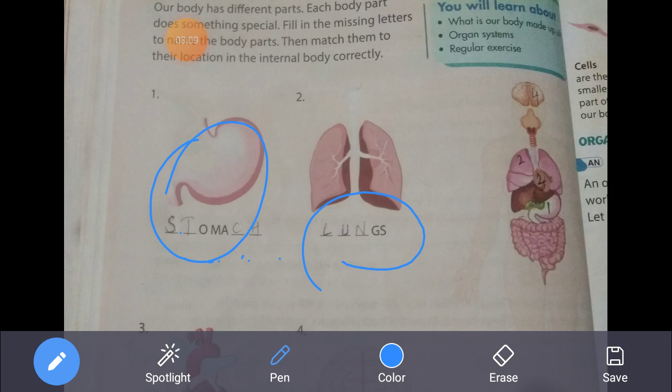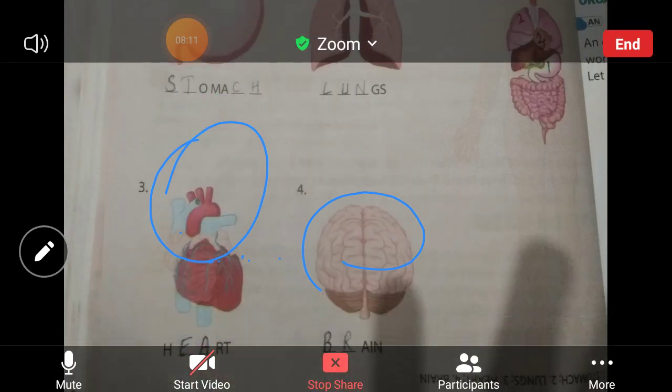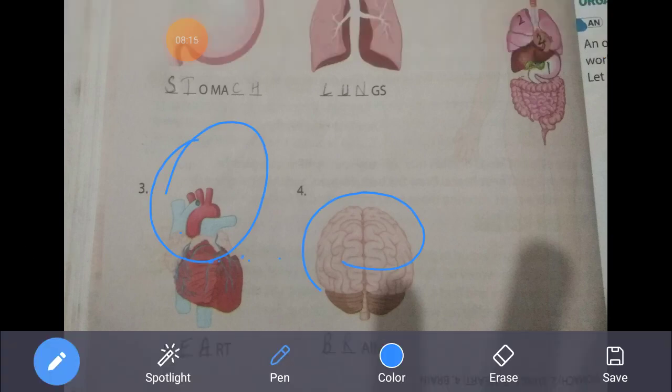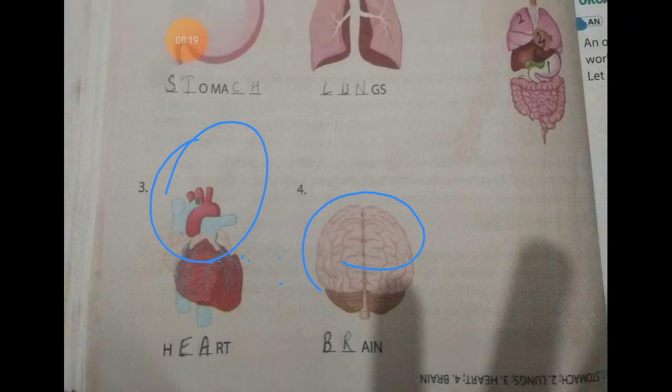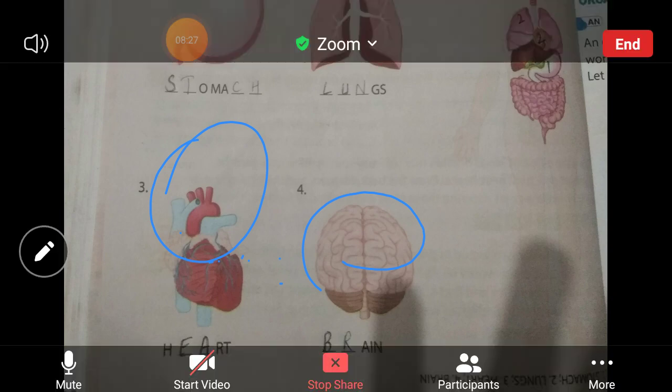L-U-N-G-S, lungs. Then number 3 is heart. H-E-A-R-T, heart. Then number 4 is brain. B-R-A-I-N, brain.